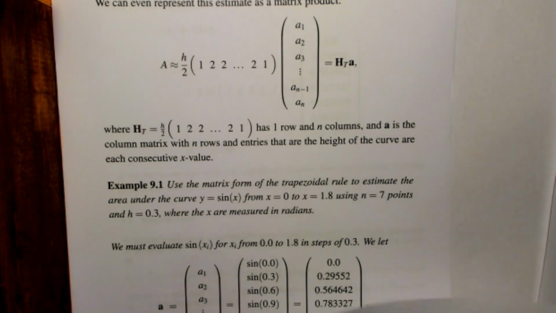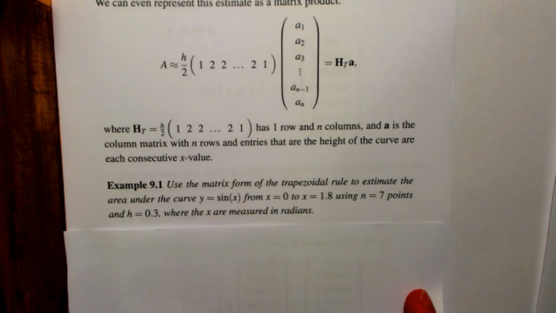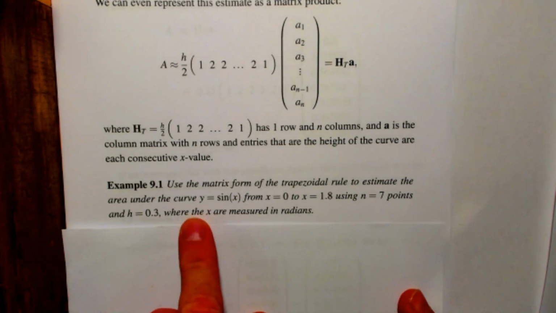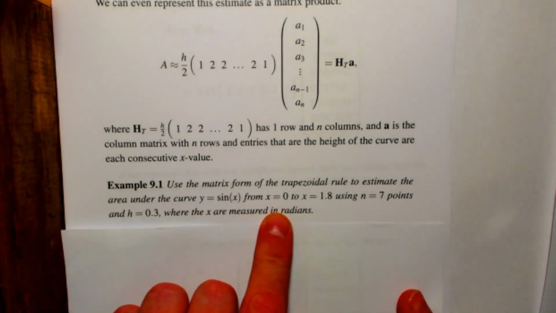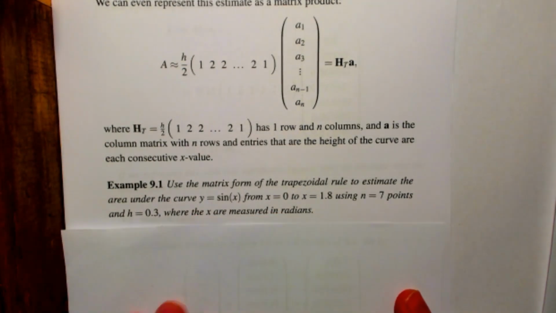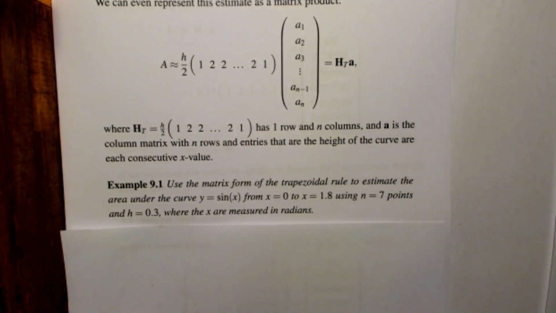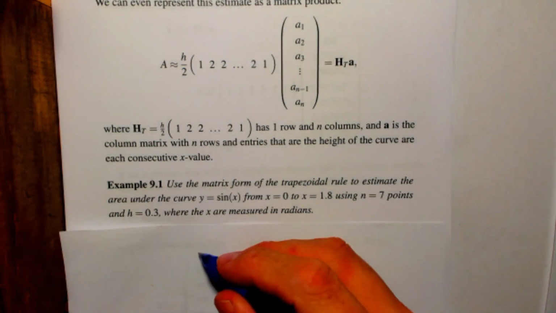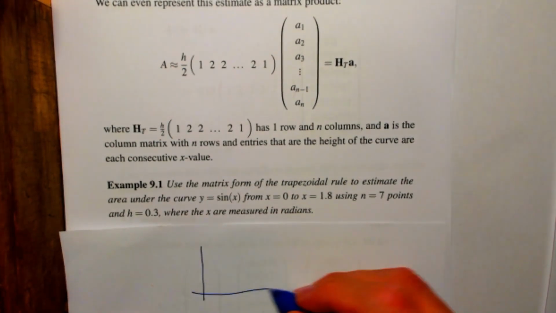9.1. Use the matrix form of the trapezoidal rule to estimate the area under the curve y equals sine of x from 0 to 1.8 using 7 points and a step size of 0.3. Alright, so let's just make a little sketch of this sine wave.